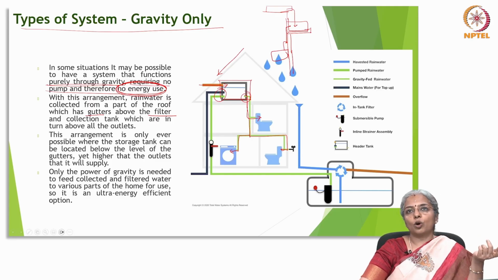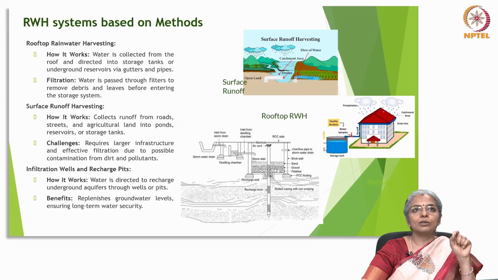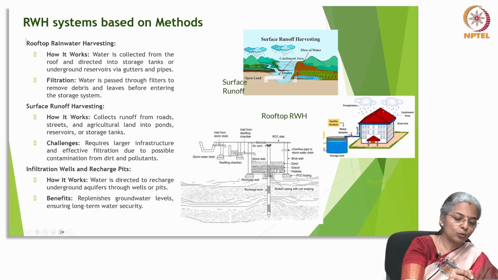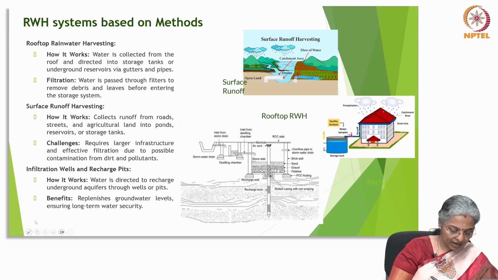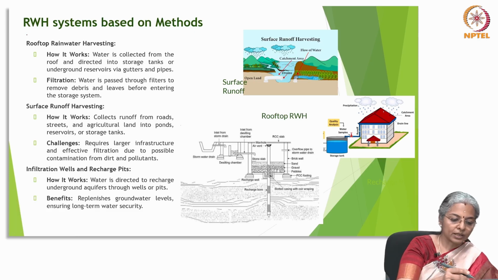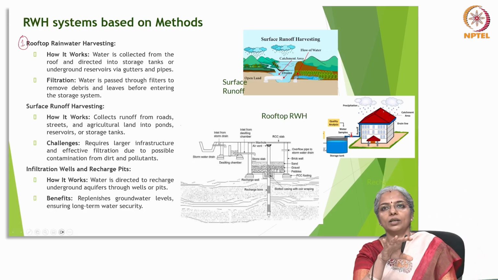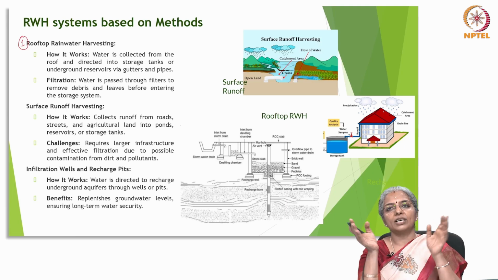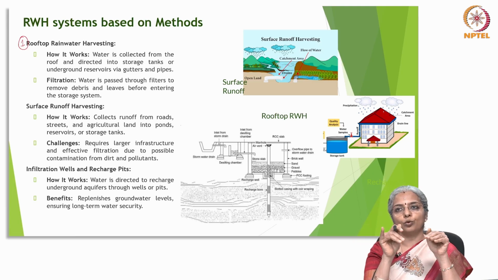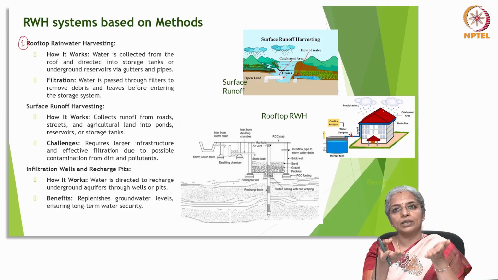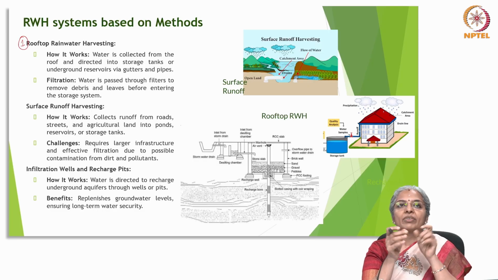Then you have rainwater systems which are based on certain methods. So, first is the roof rainwater harvesting system. How does it work? In this, water is collected directly from the roof and connected into a storage tank, which could be underground reservoirs, through gutters, filters and pipes.